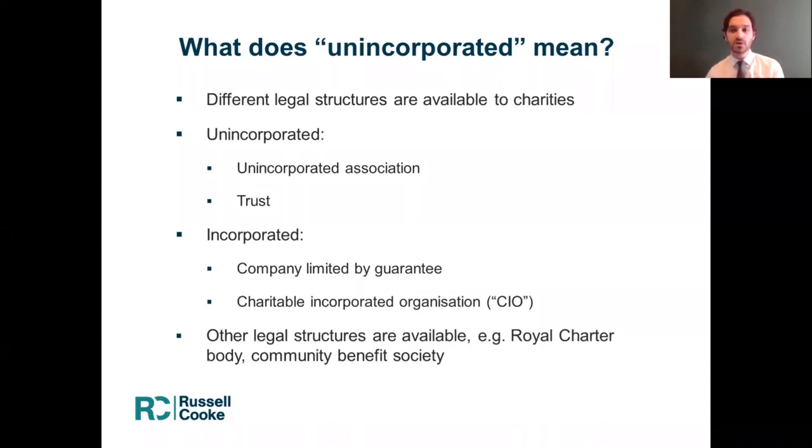I've put the four most common types of legal structure that charities have on this slide. So they are unincorporated association, charitable trust, a charitable company limited by guarantee, and a charitable incorporated organisation, also known as a CIO. Those types of legal structure can be broadly categorised into two categories. The first is unincorporated, and the second is incorporated, as set out on that slide.